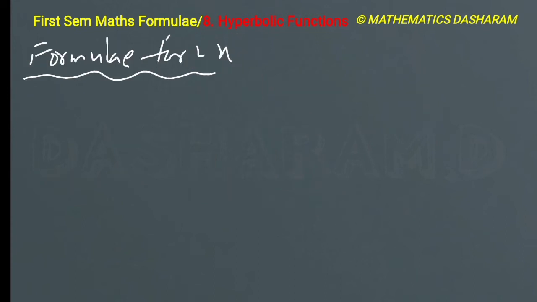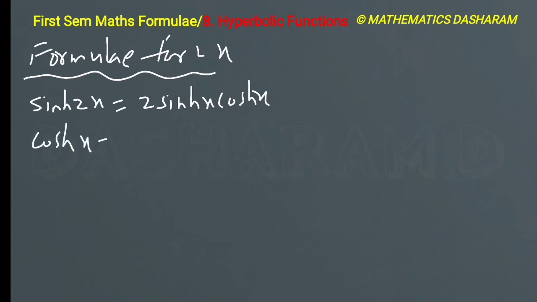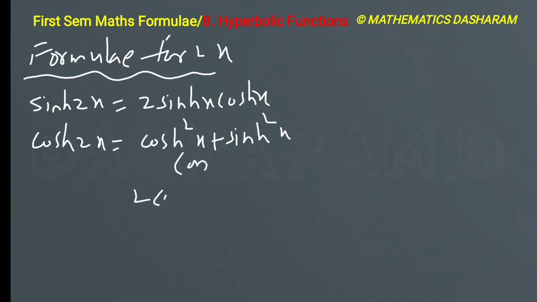Next, formulae for 2x, that is multiple angle. First one is sinh 2x equals 2 sinh x into cosh x. Next, the second one is cosh 2x equals cosh square x plus sinh square x, otherwise 2 into cosh square x minus 1, and one more formula, 1 plus 2 sinh square x.